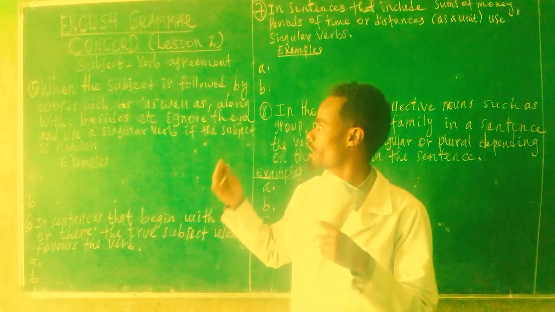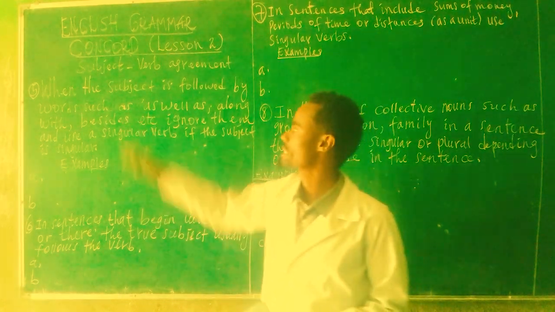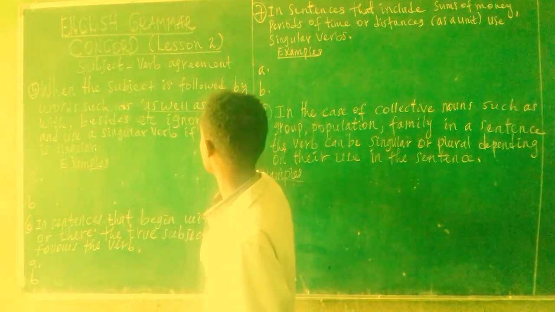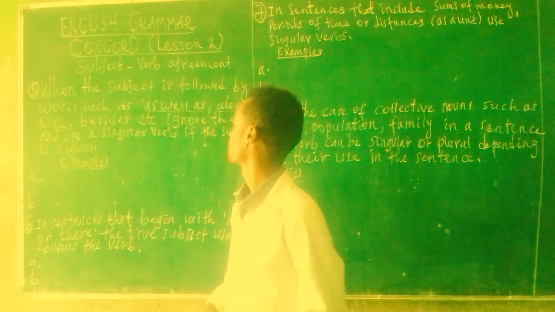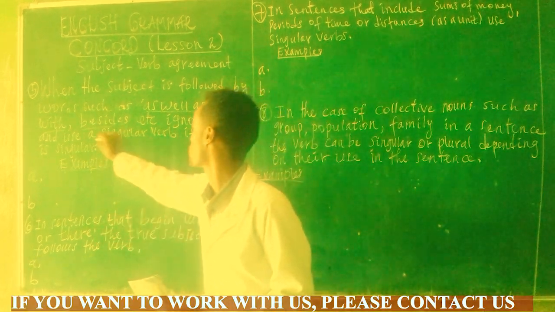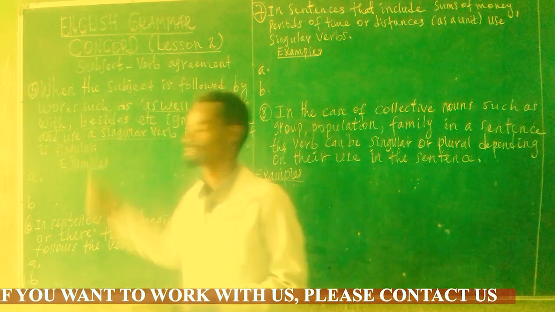The 5th rule we are going to see today is about when the subject is followed by words such as as well as, along with, besides, and so on. Ignore them and use the singular verb if the subject is singular.